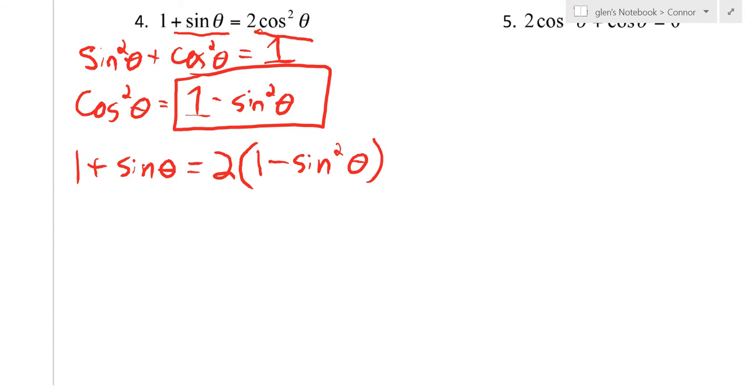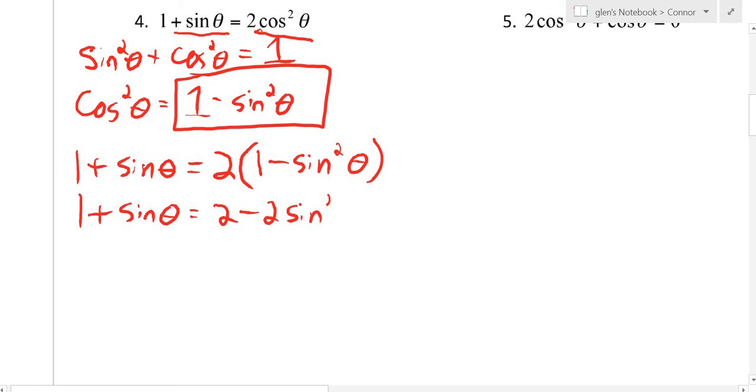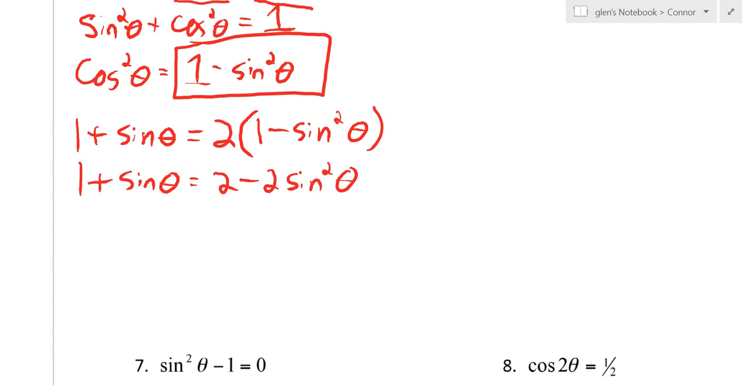All right? Now all I'm going to do is simplify this down, because I still have a squared and I still have a sine, right? So I'm going to have to factor it either way. But you can't factor it if you have a cosine squared and a sine, unless it's like a GCF going on. So this is going to be 1 plus sine theta equals 2 minus 2 sine squared theta. Is that okay? And then I'm going to move that stuff all over to the other side to have just one side here.